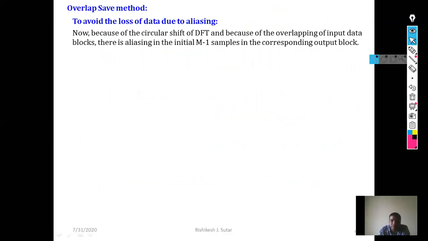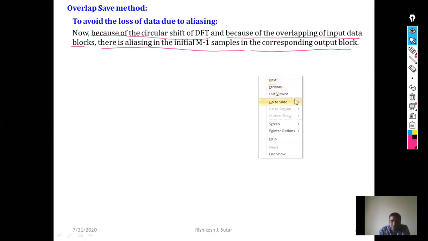Because of the circular shift property of the DFT, and because of the overlapping of input data, there is aliasing in the initial M-1 samples in the corresponding output. To understand this, we'll go to the previous slide.